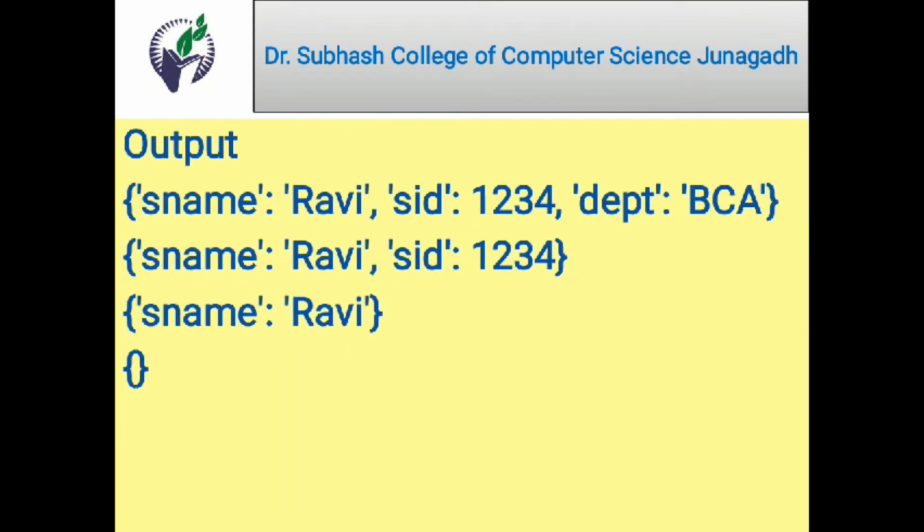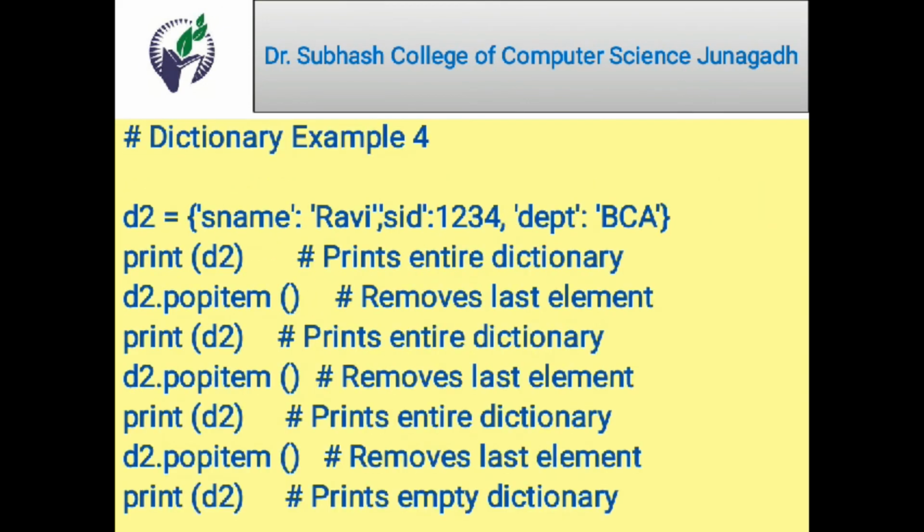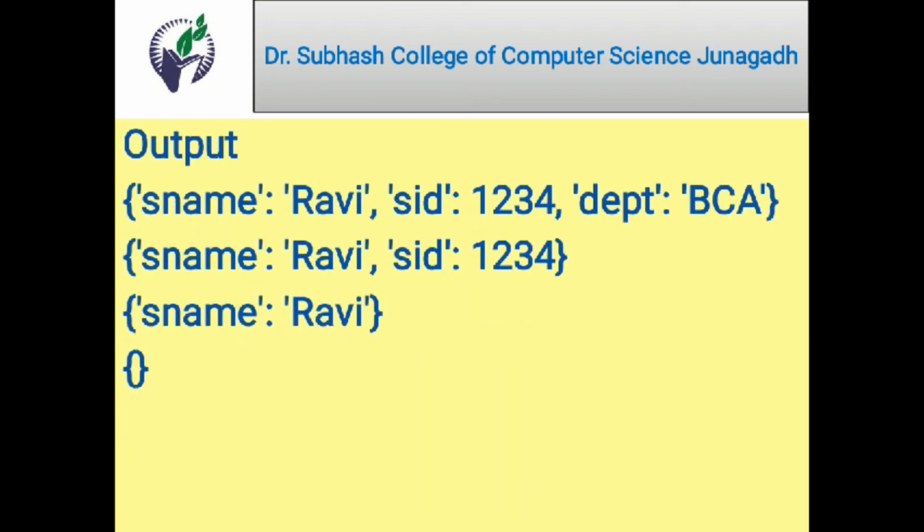Let's check the output. First the entire dictionary, then you can see that popitem removes the last element. So department BCA is removed, and it contains only Ravi and 1, 2, 3, 4.